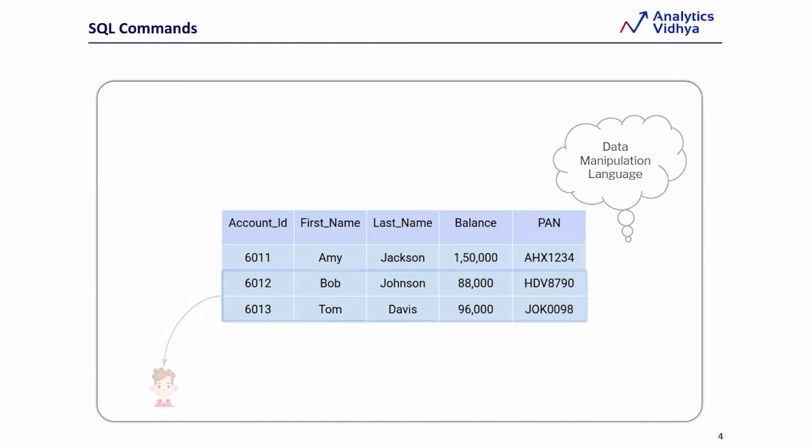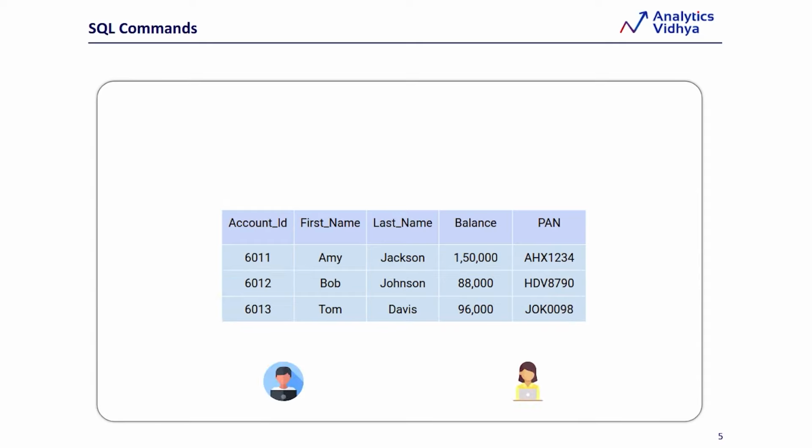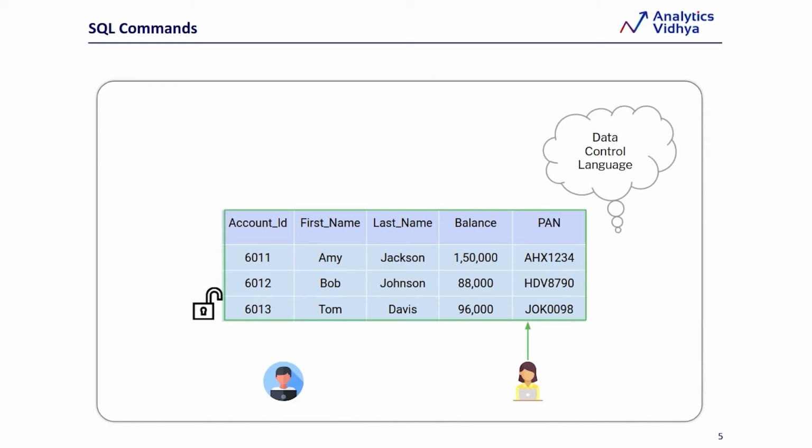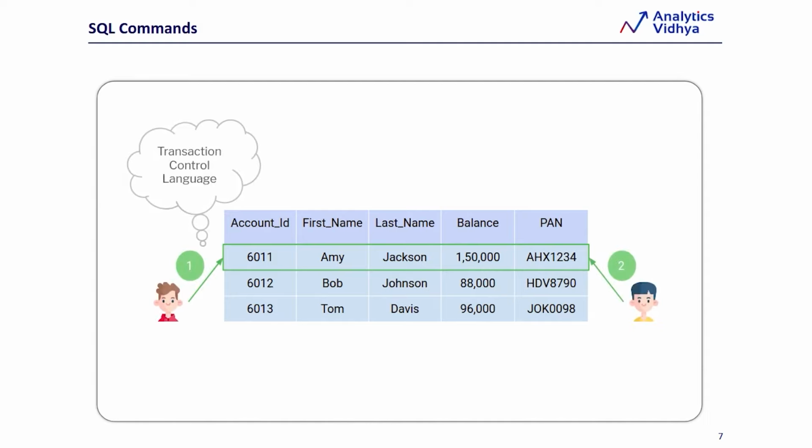SQL is also used to query the data, that is, retrieving the required data from the database. These commands are known as data query language commands. SQL even provides commands to control the access of the database through data control language commands. This prevents unauthorized access to the database. Finally, to control the transactions and ensure consistency of the data, we have the transaction control language commands.